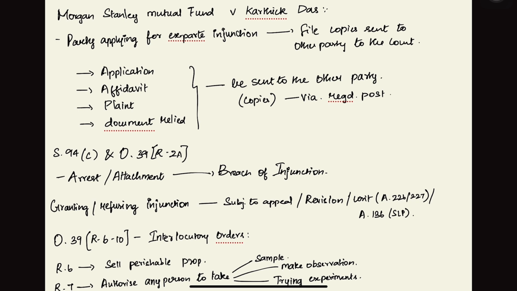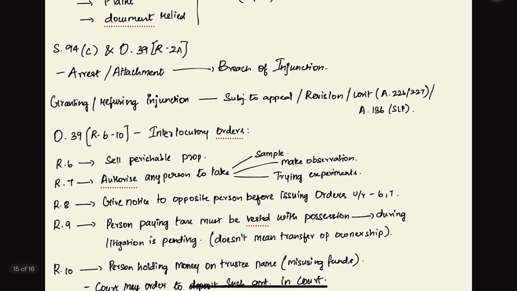Because generally in ex parte injunction, the defendant is not given notice, so it is a step to provide the defendant with notice at least after granting such injunction. So the court should also record the files that have been sent to the other party.